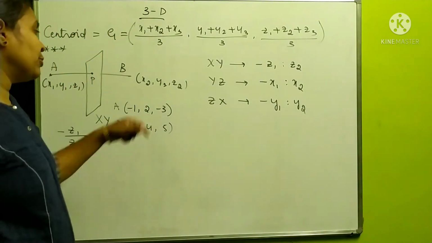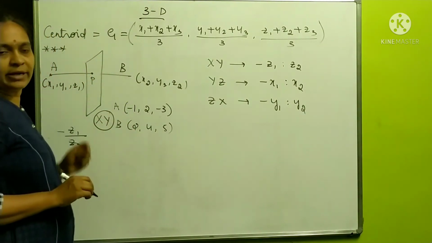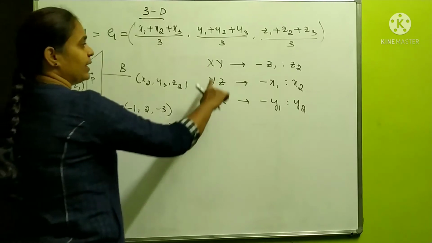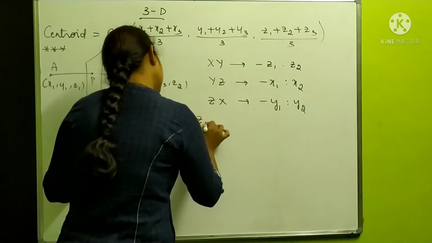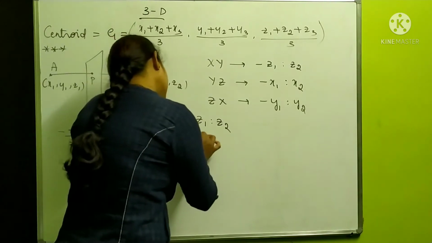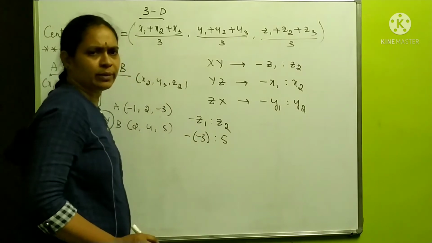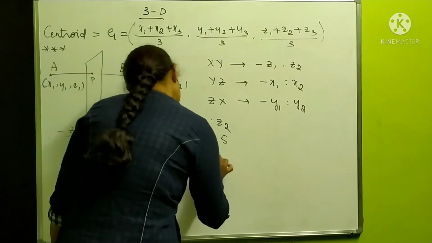Since they are talking about the xy plane, our formula is minus z1 is to z2, so it will be minus of minus 3 is to 5, that is plus 3 is to 5.